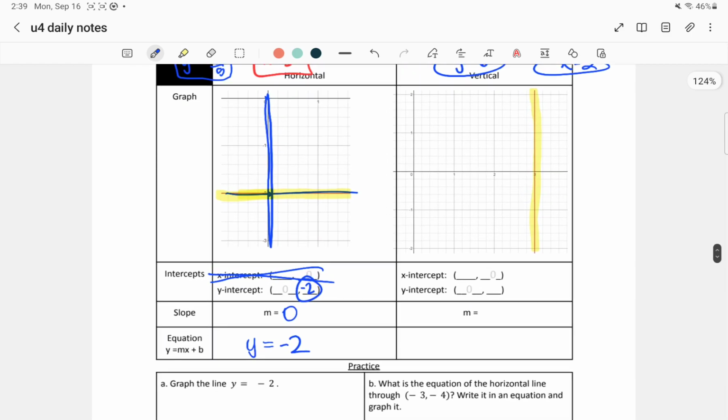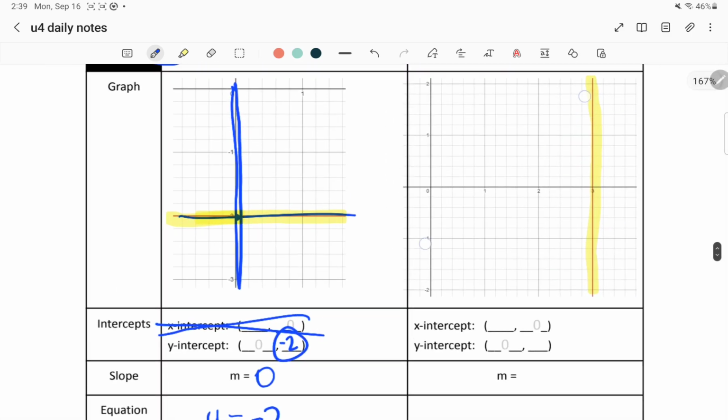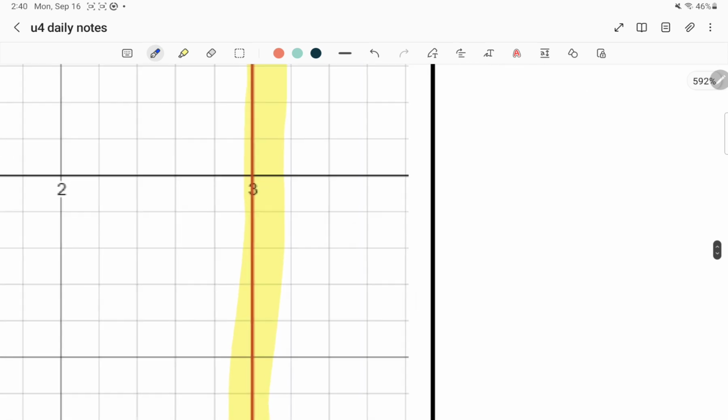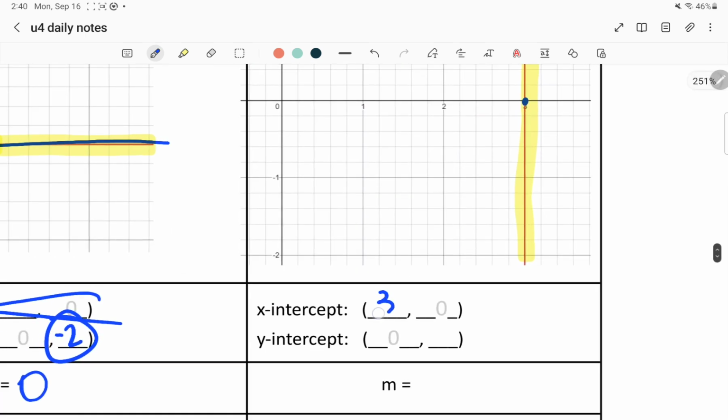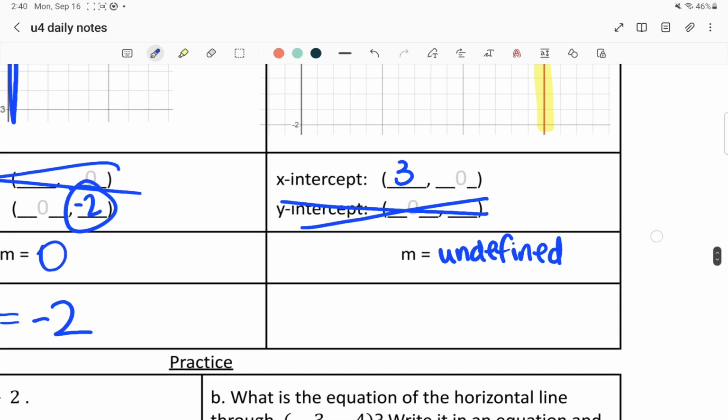Vertical lines follow about the same pattern. I have an x-intercept. If I zoom in super duper close, we can see that it is on the 3. And you'll notice I don't have a y-intercept. When a line is straight up and down like that, the slope is called undefined. You'll see that word on your homework. When it asks you to draw a line with an undefined slope, they mean a vertical line, straight up and down. Okay?